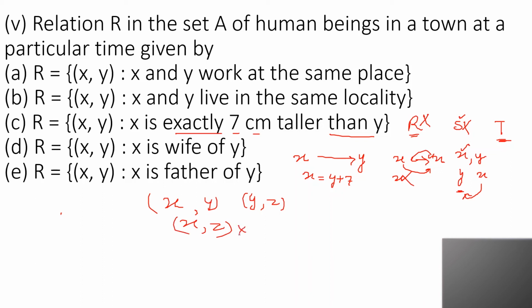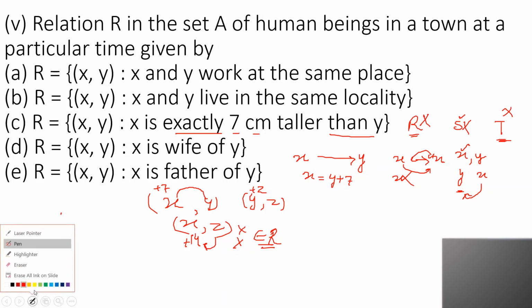No, this is also no. Because x is 7 more than y and y is 7 more than z, x is 14 more than z, not 7 more. Therefore it is not a member of the given relation. So it is neither reflexive nor symmetric nor transitive.